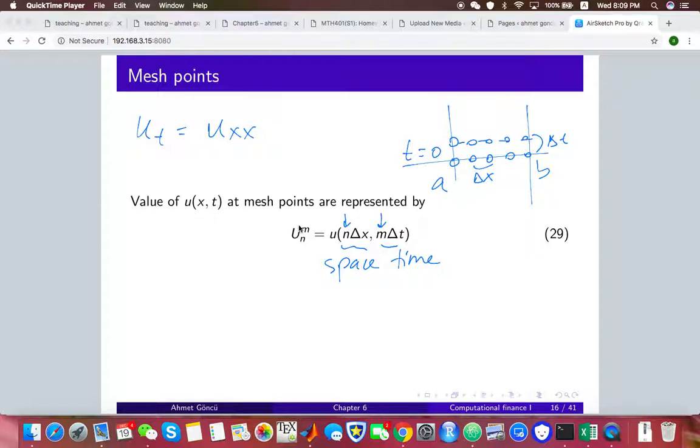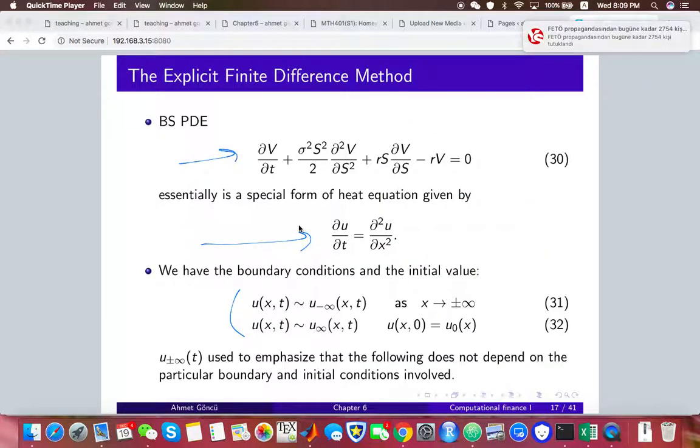As we move forward in time, we will get the solution over this whole set of points. Okay, so all these points we call the mesh points, and our goal is to get the values of u over these mesh points. So this is how we will get the solution in the finite difference method.